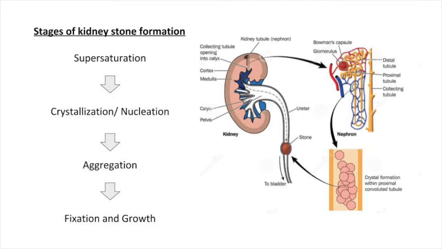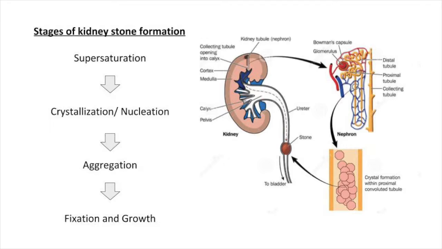Kidney stones are also known as calculi or urinary stones, and result from salts in the urine aggregating together when urine becomes highly concentrated. Crystallization occurs when the concentration of solutes in the urine exceeds the saturation point in the solution.